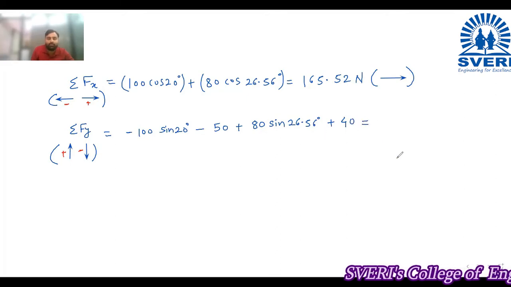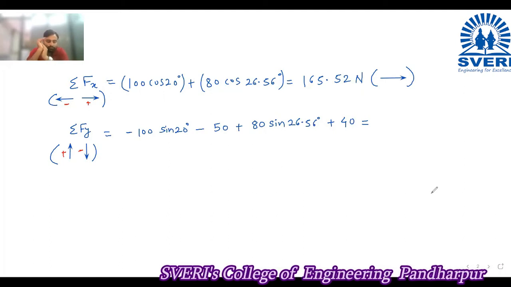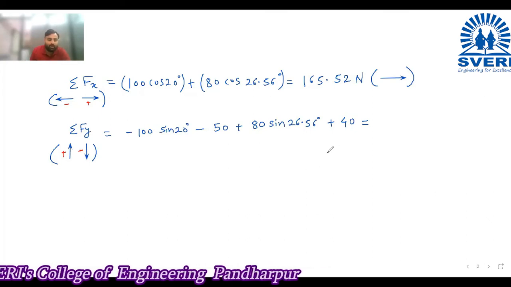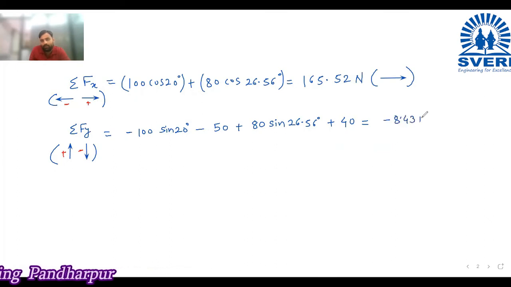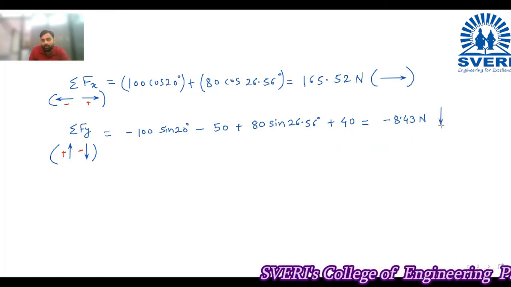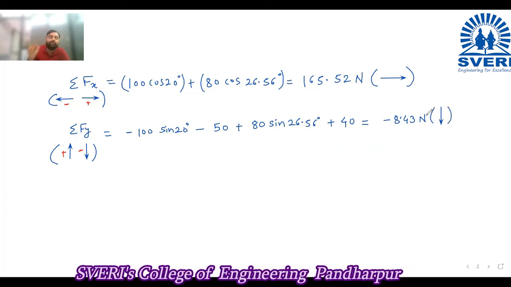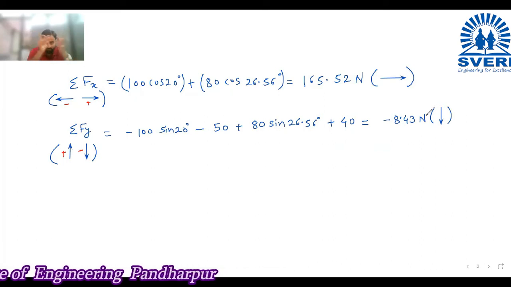Please check whether I have taken the forces correctly or not. This gives minus 8.43 Newton. So as we get the minus sign, what does it mean? Is fy moving upward or downward? Downward. So I will show the arrow over here, a down arrow. These arrows are important. They are required when we finalize the direction of the resultant.